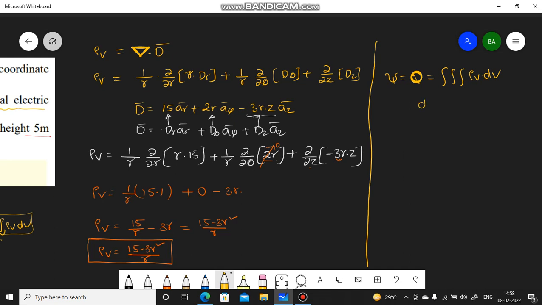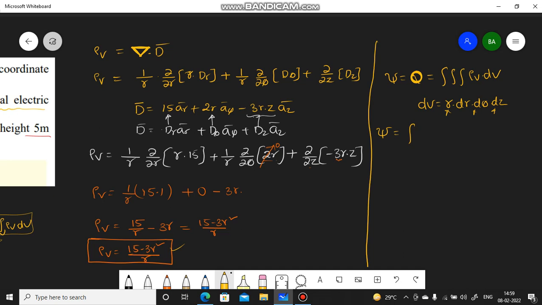In the cylindrical coordinate system, we know that the differential volume is r dr dphi dz. Rho v we just got. Now substitute it in this formula and calculate the value for psi, the electric flux: one integration is with respect to r, one with respect to phi, and one with respect to z.